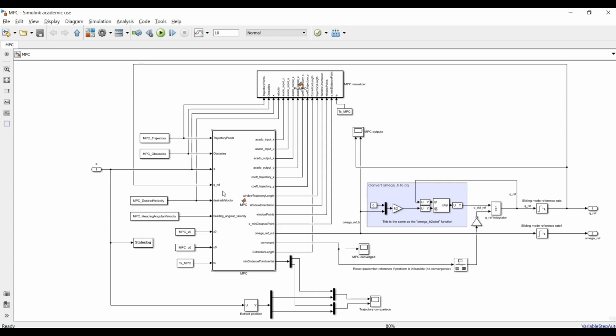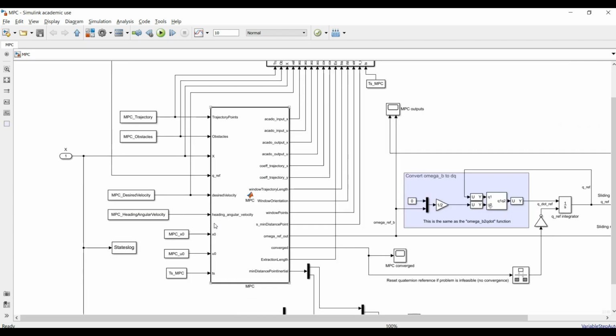ACADO has been used to generate optimized C++ code that has been converted into a MEX file for MATLAB. And this MEX file is called within this MPC block that takes in a desired velocity, angular velocity, a trajectory, and also obstacles, in this case all modeled as static. So the trajectory is constant and the obstacles are also constant.